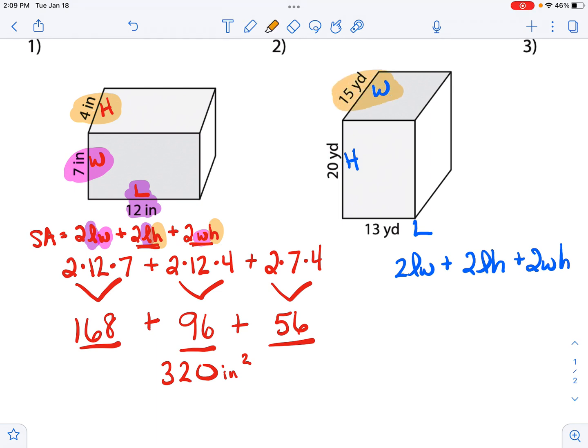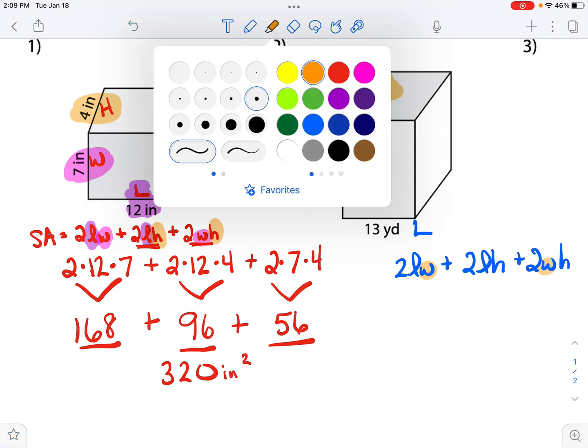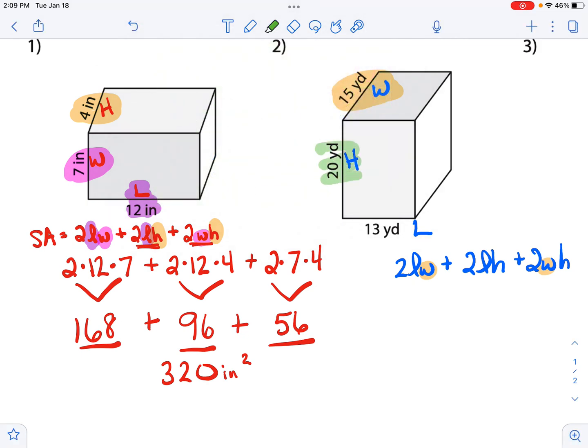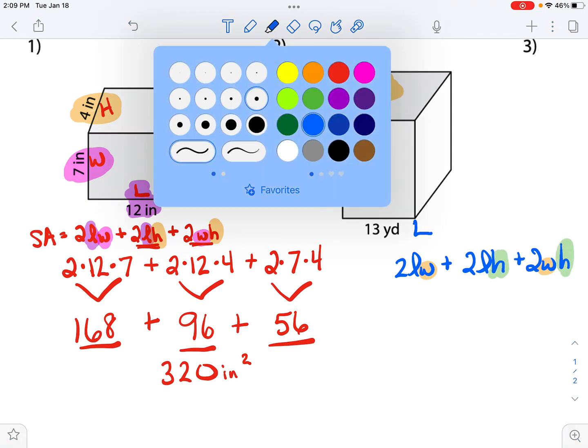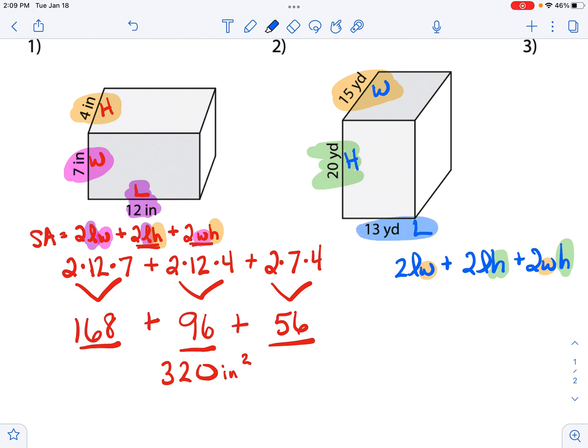Anytime I see a W, I'm going to put a 15. So these are going to be 15s. Anytime I see an H, I'm going to put a 20, here and here. And then anytime I see an L, I'm going to put in a 13 here and here. Now I'm going to substitute in. I had a 2 times my L, which is 13, times my W, which is 15.